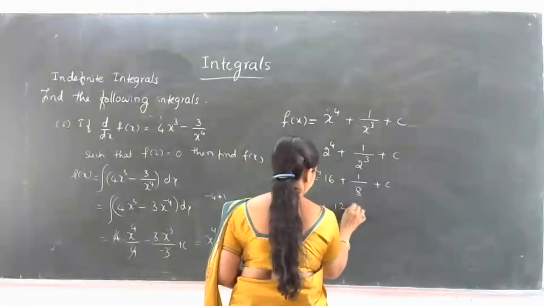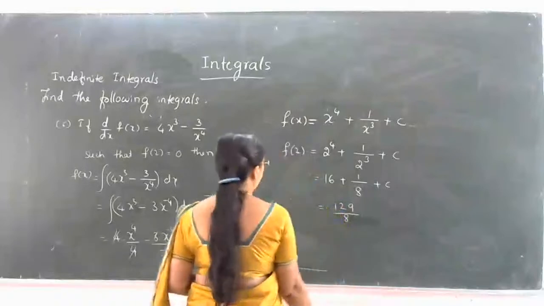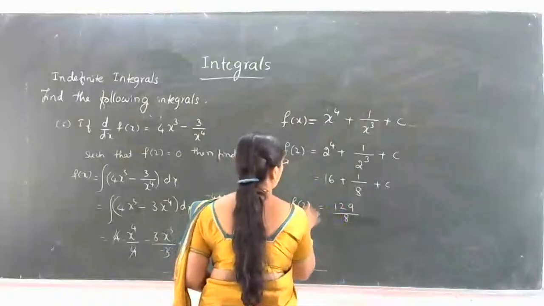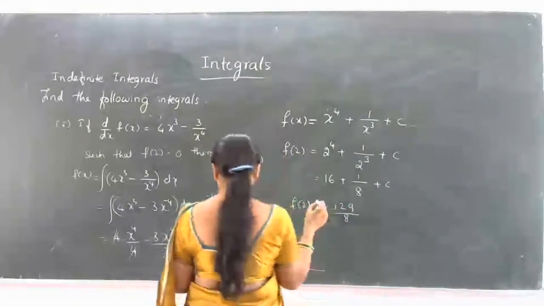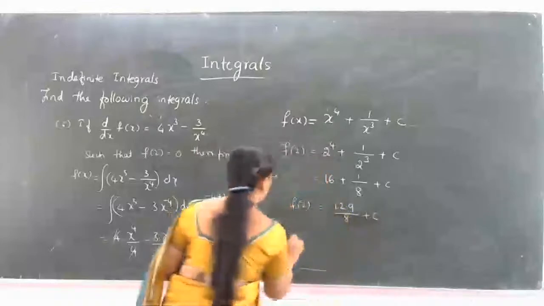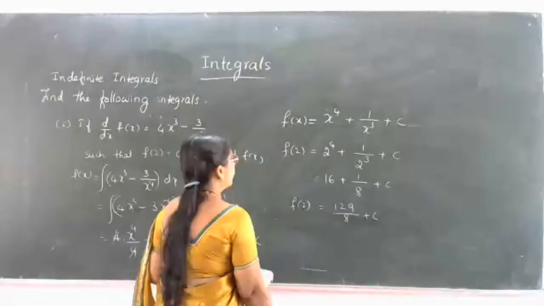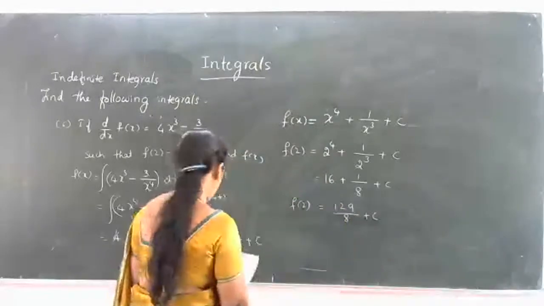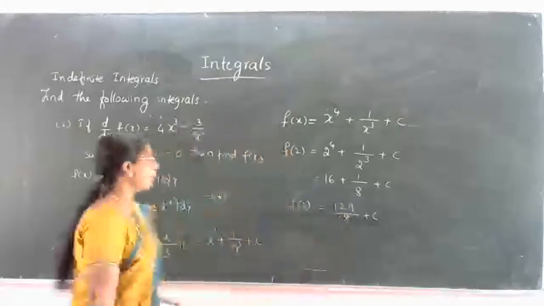which is equal to 129 divided by 8. 129 divided by 8 is f of 2 plus c. Therefore, f of 2 is equal to 129 divided by 8 plus c.